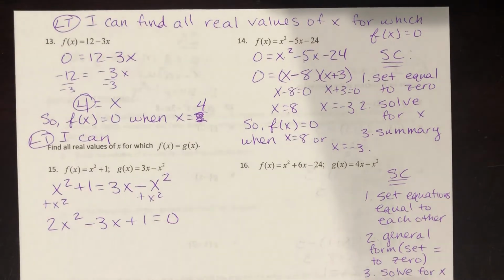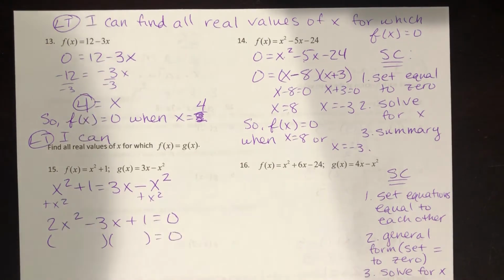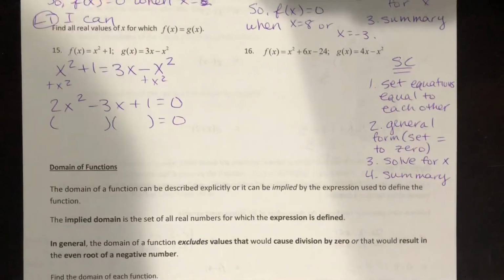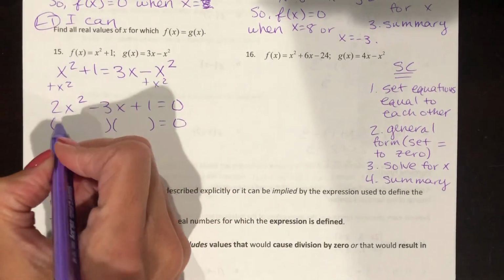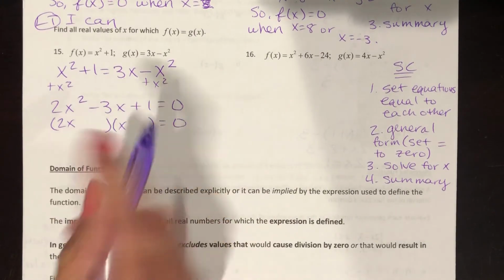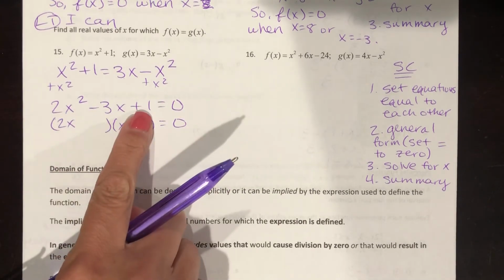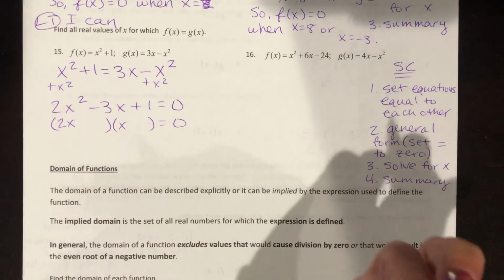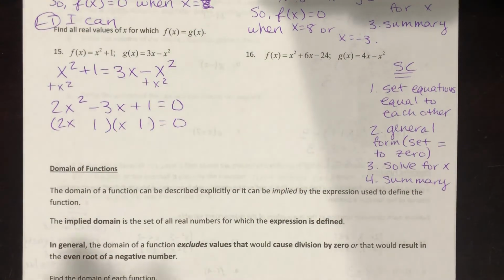To solve for x, I need to factor this. Or if you prefer to use the quadratic formula, you can do that as well. Factoring's faster for me, so this is going to be 2x and x. 2x times x is 2x squared. And then for 1, the only factors would be 1 times 1. Then I have to figure out my signs.